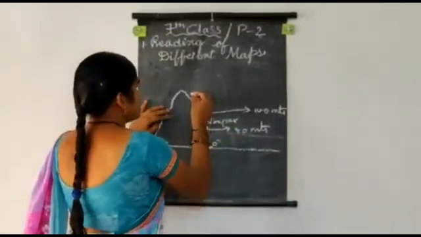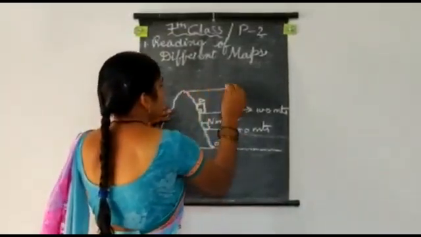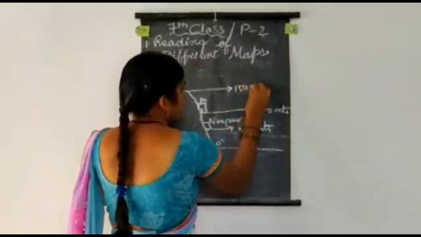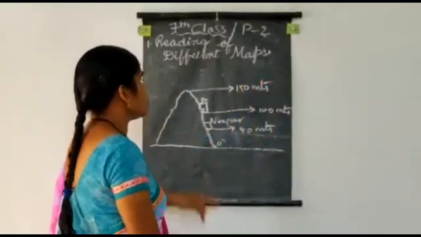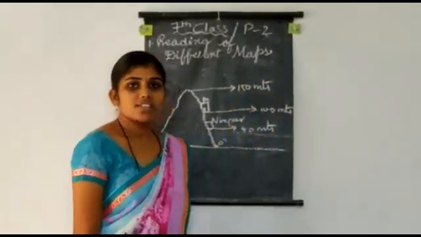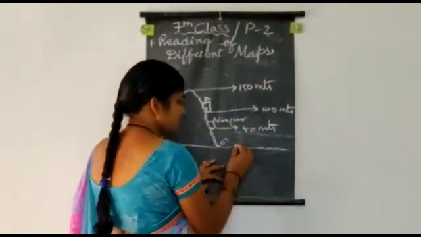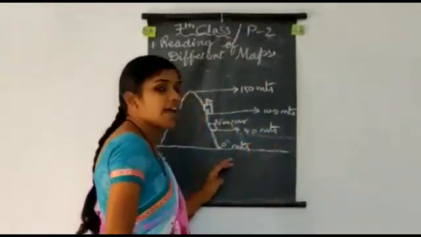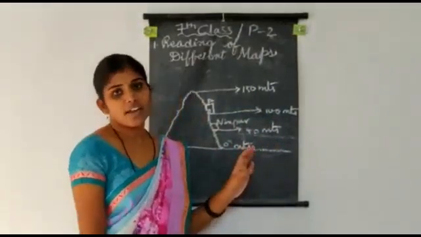And next, the height of the hill is 150 meters. So here, the 0 meters is the land, our standing land.